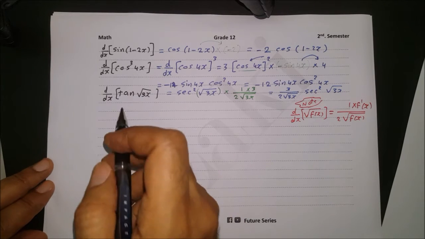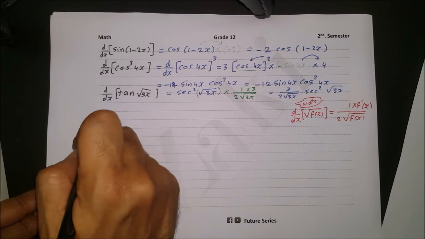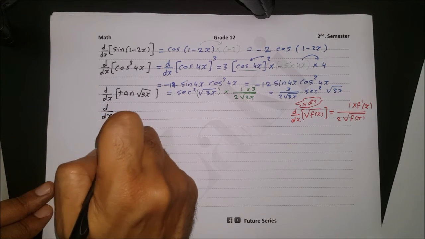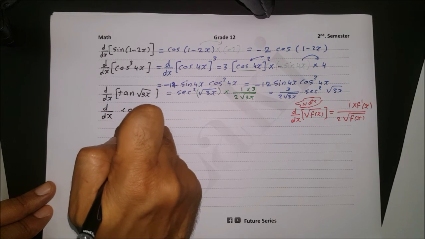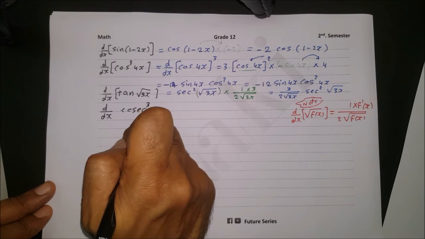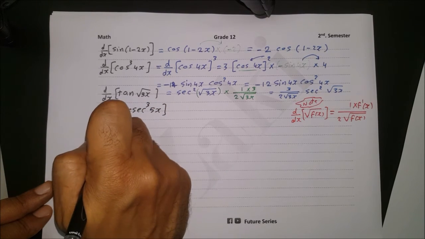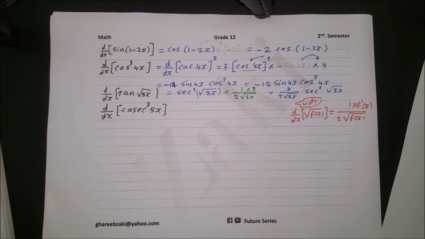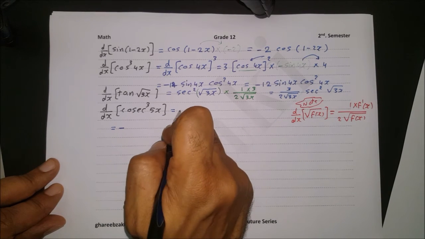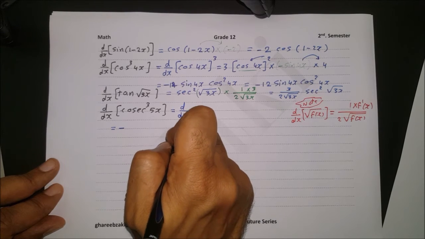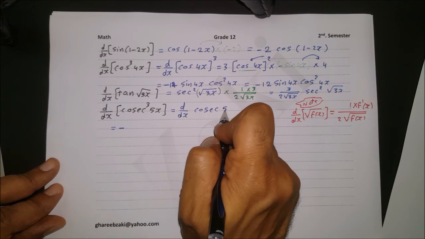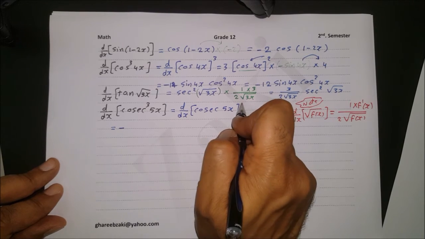The fourth part of try by yourself 11, d by dx of cosec cubed 5x. Now, this equals d by dx of cosec 5x all to the power 3.